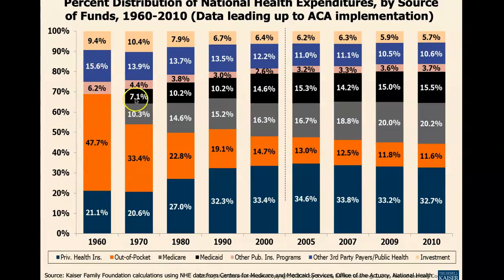But in 1970, we start seeing that, and it has steadily increased in terms of percentage of where the money comes from. Take a look at Medicare, for instance, which is the gray area of the bar, and it's steadily increasing, which tells us that we have a steadily increasing Medicare population, which means we have more and more people growing older that are living longer.